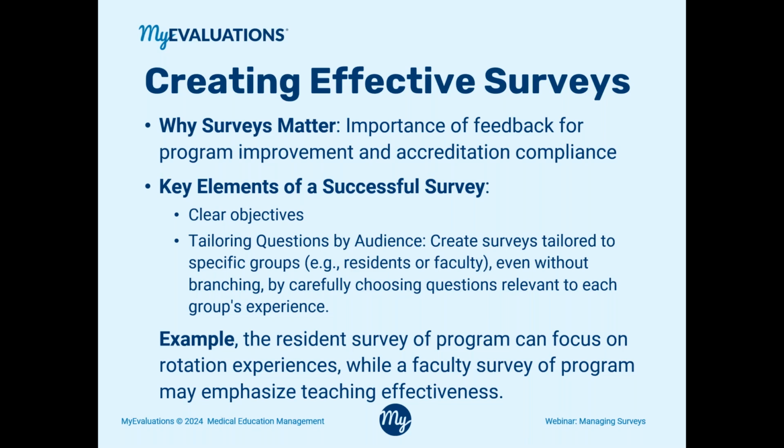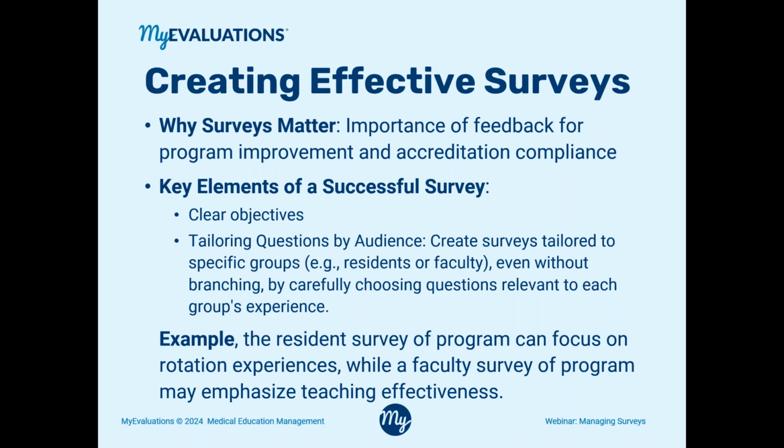And as you'll see as I go through this process in terms of how to improve the compliance with the surveys, you'll see that creating a clear objective survey where you're focusing on something meaningful is a big part of getting your faculty and your residents to actually participate and complete these surveys in a meaningful way.